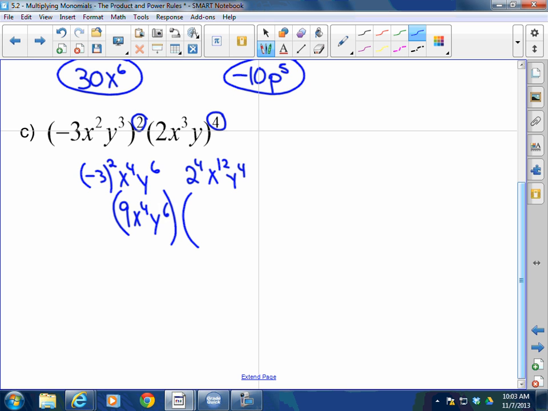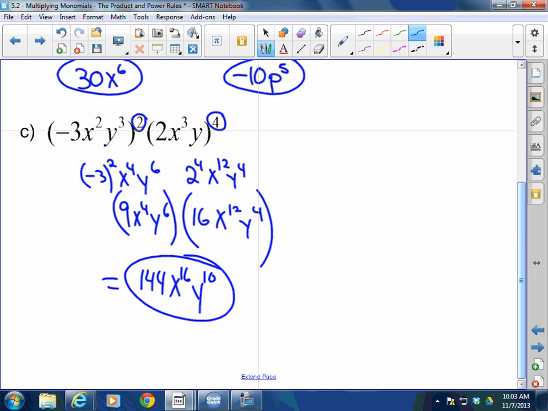So I've got 16, x to the 12th, y to the 4th. Now I can multiply. 9 times 16 is 144. X to the 16th, y to the 10th. Does that make sense? Any questions on that?